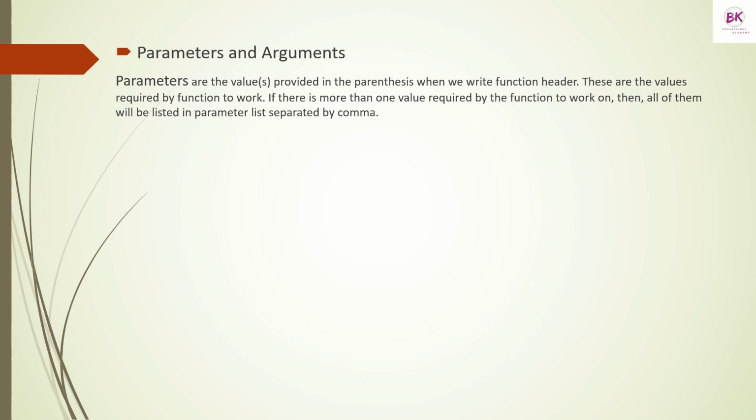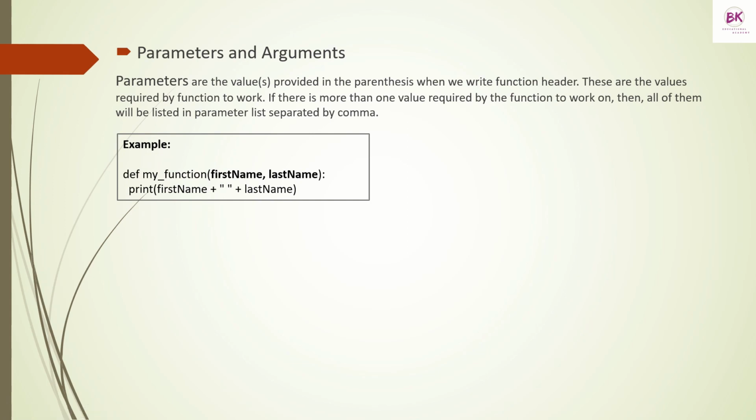If there is more than one value required by the function to work on, then all of them will be listed in the parameter list separated by comma. So let's take the example. Here I have created a function named my_function, and this function is taking two parameters, first_name and last_name. Here first_name and last_name are the parameters.